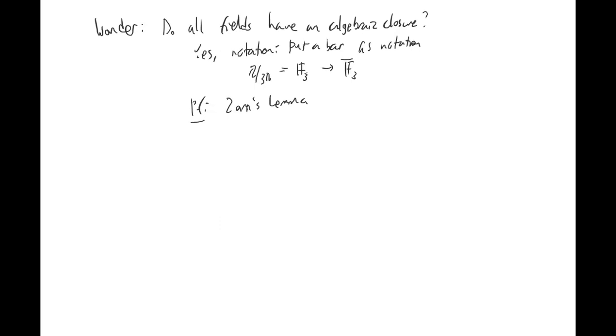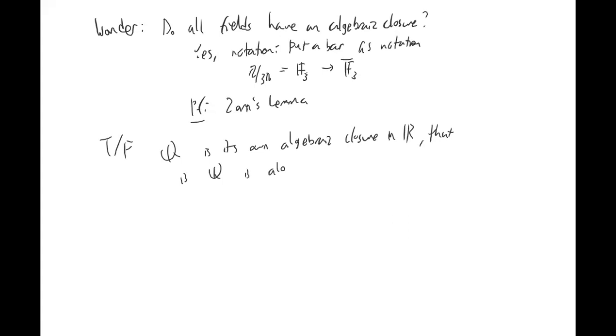Okay, so let's do some of your homework questions and some non-homework questions. This is more theoretical now; we did a lot of computational last time. So, true or false? Q is its own algebraic closure in R. In other words, is this true?